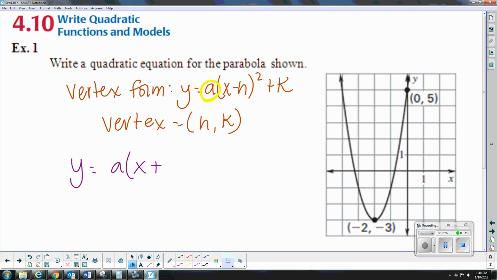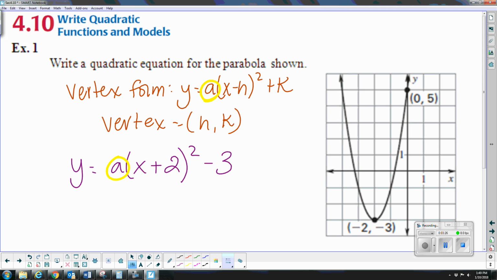In this case, it's x plus 2 squared minus 3. So our h is -2, so minus -2, and our k is -3, so plus -3. But we still need to solve for this a, and so we're just going to take another point and put that into the equation and solve for a.